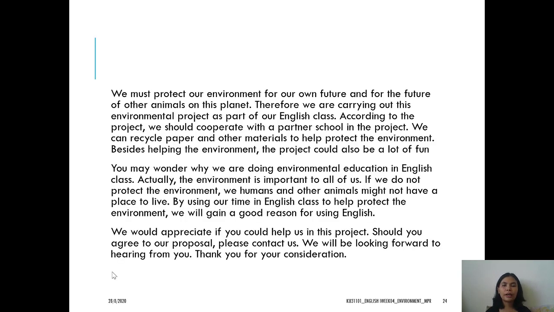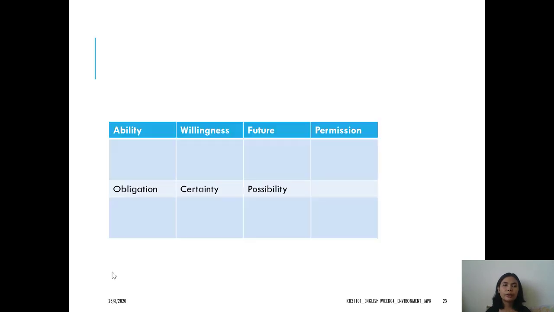It is talking about the environment. Okay, and then after that, put the use of the modals according to the function over here.